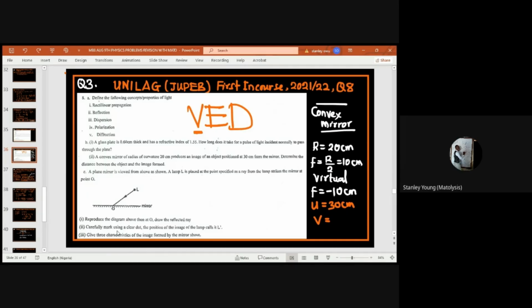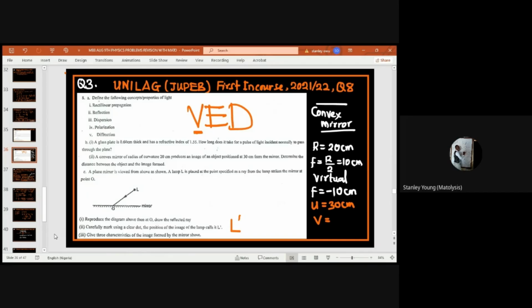Two, carefully mark using a clear dot the position of the image of the lamp. Call it L prime. Three, give 3 characteristics of the image.